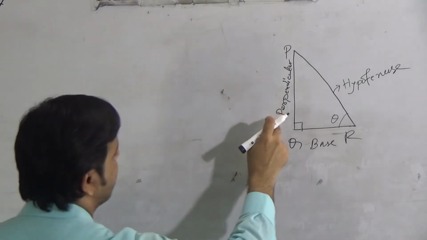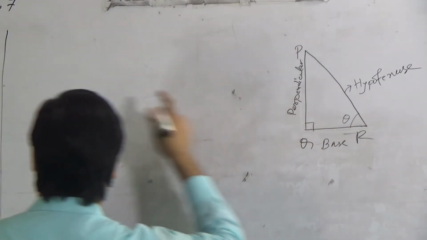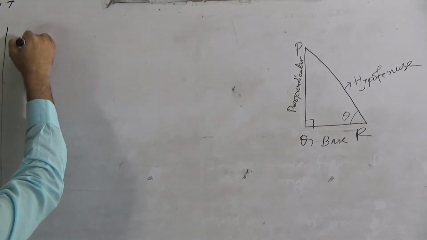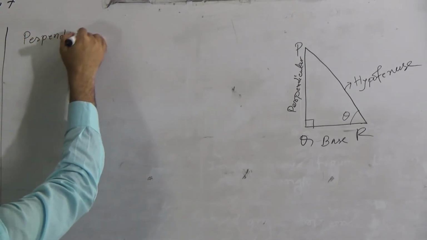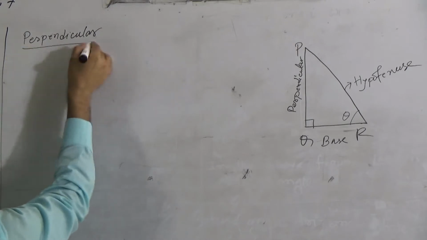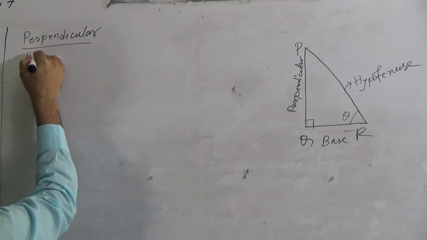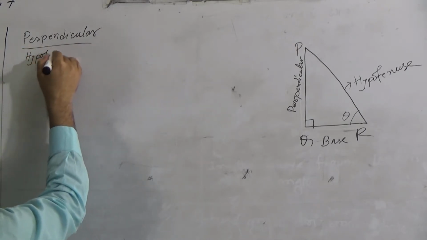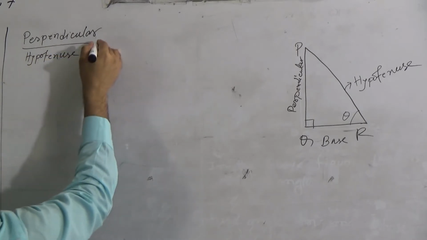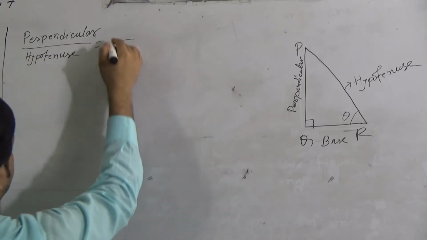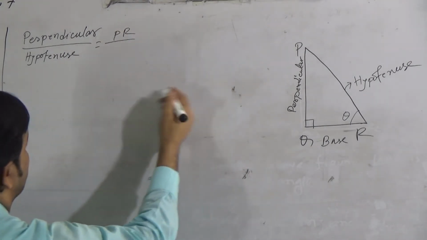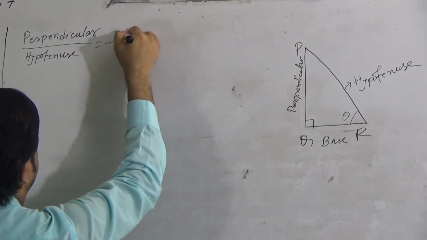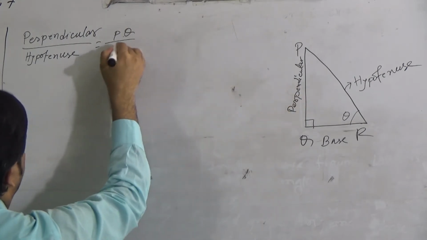At first I want to determine the ratio of perpendicular and hypotenuse. So we can write here perpendicular and here is hypotenuse. Here perpendicular means PQ, hypotenuse means PR.